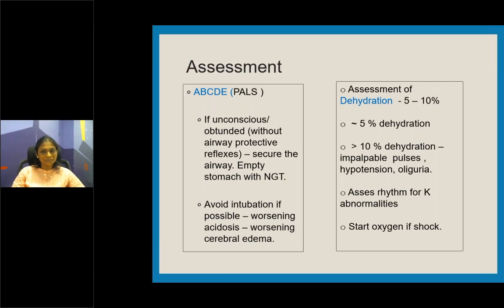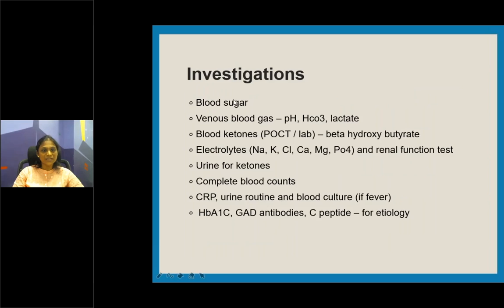For some people it can be 5%, for another person it can be 8%. In a moderate DKA, we take the dehydration to be approximately 5 to 7%, and when the dehydration is more than 10%, these children go on to hypotension, oliguria, and impalpable pulses. With the circulatory system assessment, we also attach the ECG leads to look at the rhythm for potassium abnormalities. When there is shock, we start oxygen with a non-rebreathing mask.